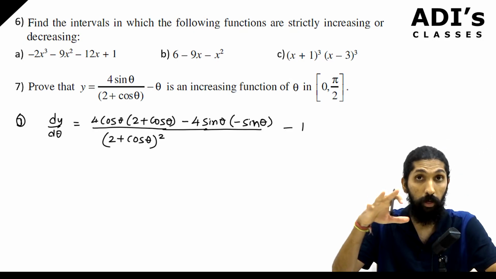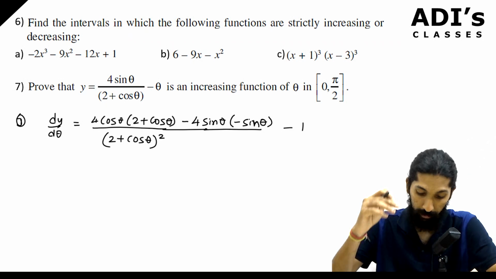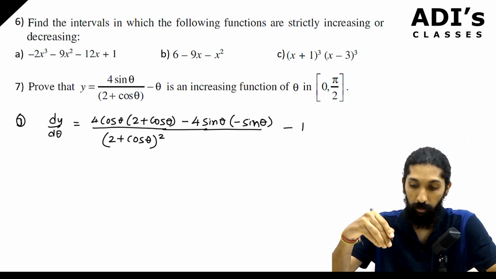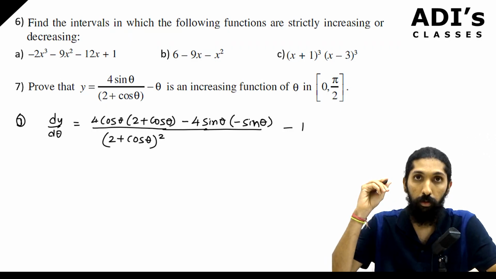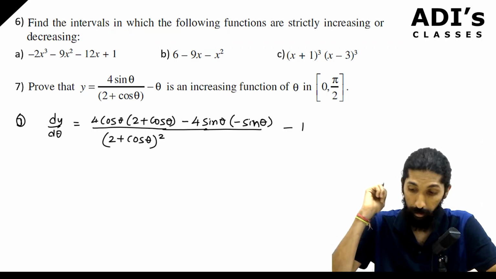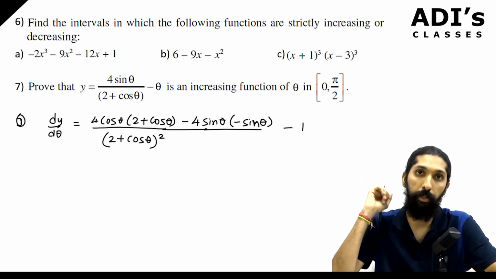So this is what you have as the dy by d theta. Now to show that it is an increasing function from 0 to pi by 2, now you have differentiated. Now we need to apply values in 0 to pi by 2, including 0 and pi by 2.